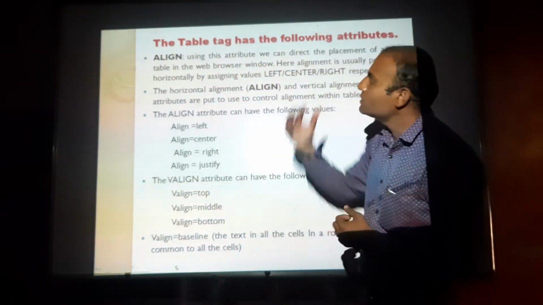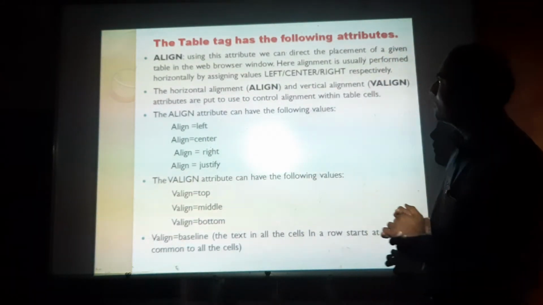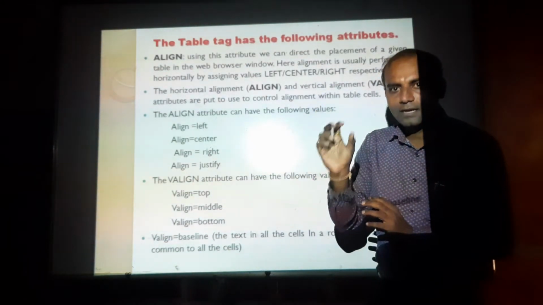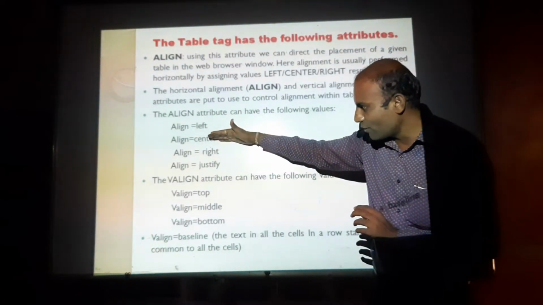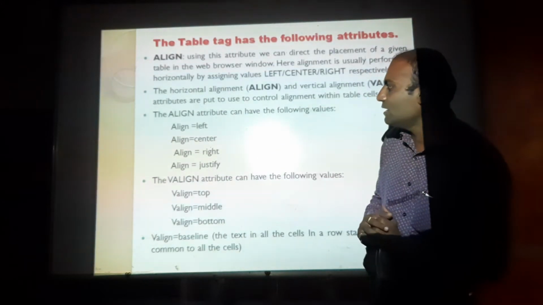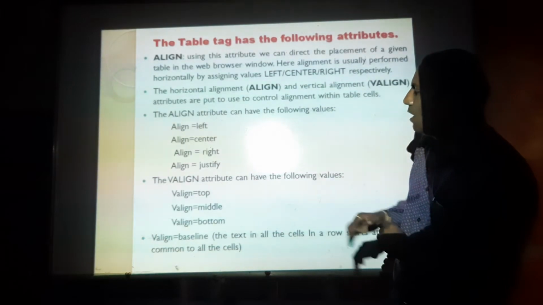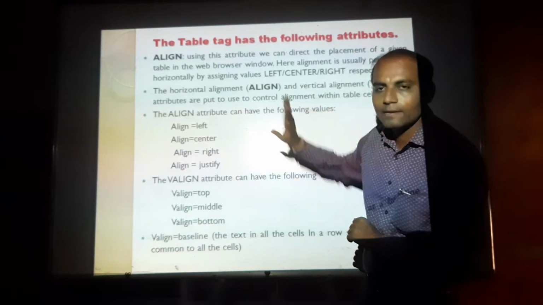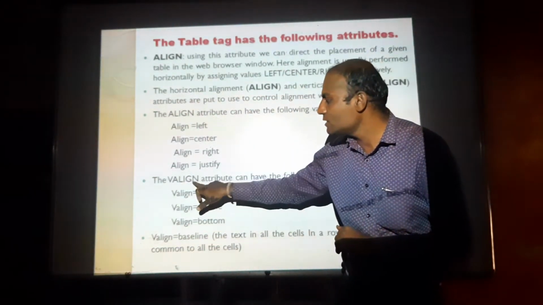We use the align attribute to place the content in the table either on the left side, the center of the cell, or the right side of the cell, or we can make the justification also. Here align is a horizontal alignment, not vertical alignment. For vertical alignment we use valign.